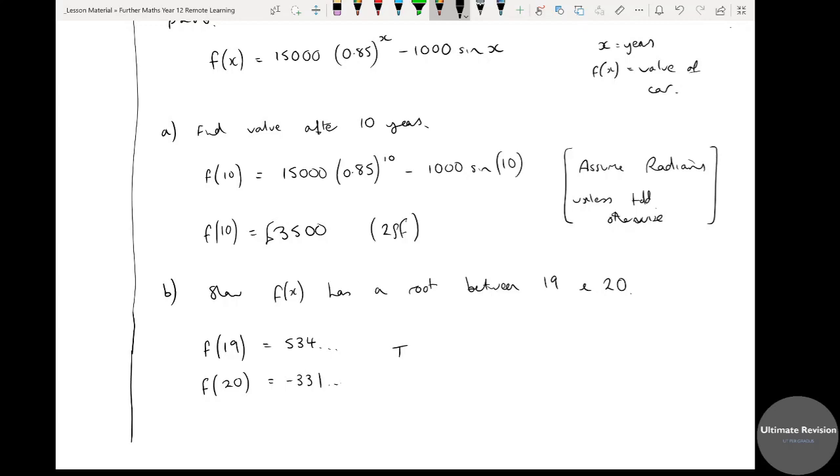So you must say there is a change in sign and the graph is continuous. Therefore, a root lies between 19 and 20. Okay.